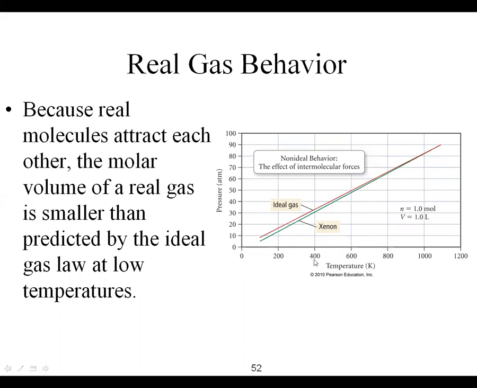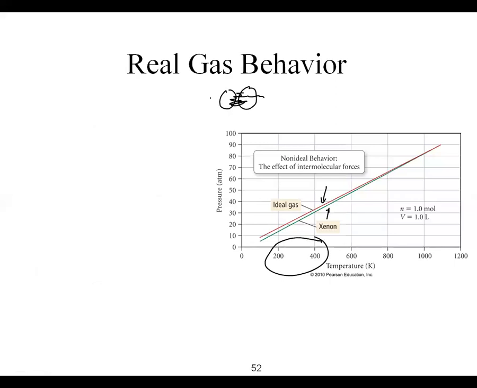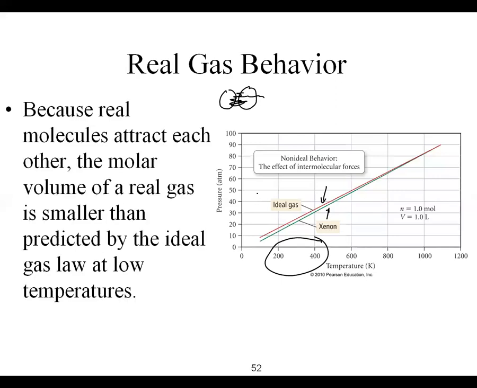At lower temperatures, in this range, we start to see some deviation between the ideal behavior, which is the red line, and the green line, which is the real gas behavior. That is because the molecules are moving a lot slower, which means they are now very close to each other at these low temperatures, and there are going to be some attractive and repulsive forces.